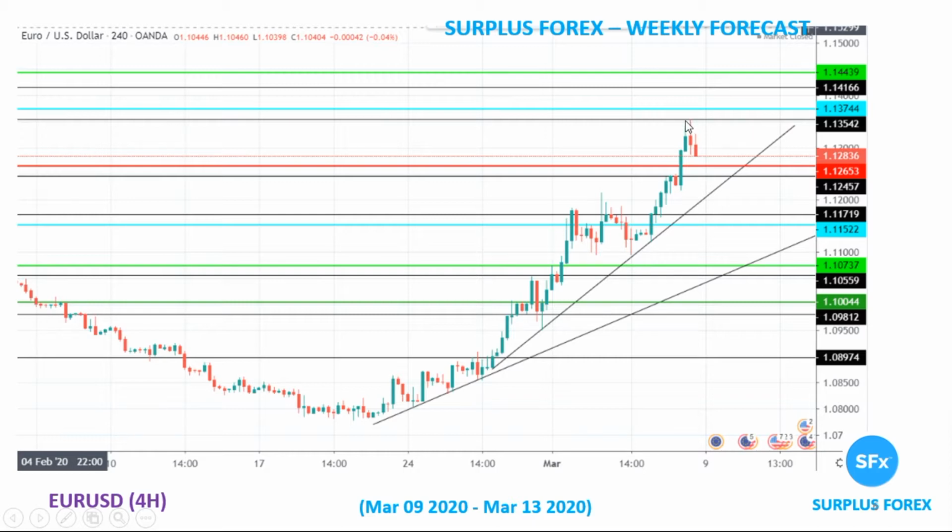If it goes above 113.54, I'll take an entry at 113.74, keeping my first target at 114.43.